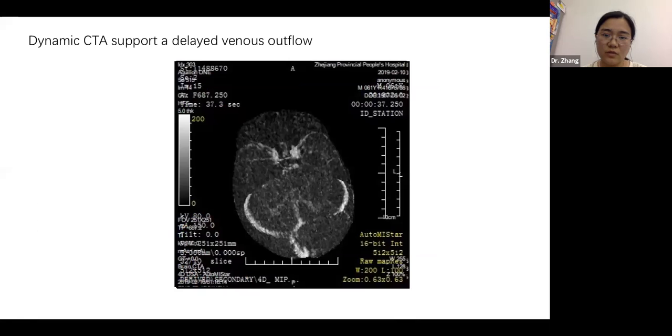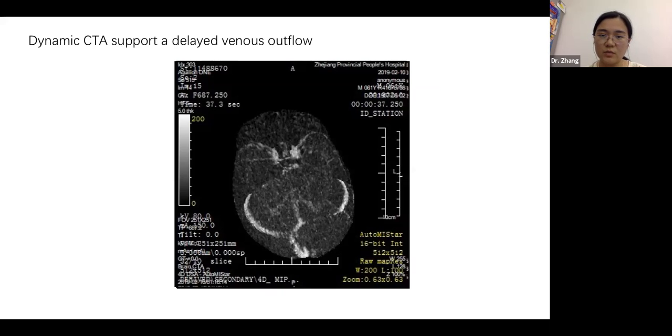So because of this, we know that there might be deterioration of this stroke patient, not only because of collateral failure, but also with delayed venous outflow and with a very deteriorated symptom for this patient. So we just provide a fluid infusion and DL-NBP, this medication.